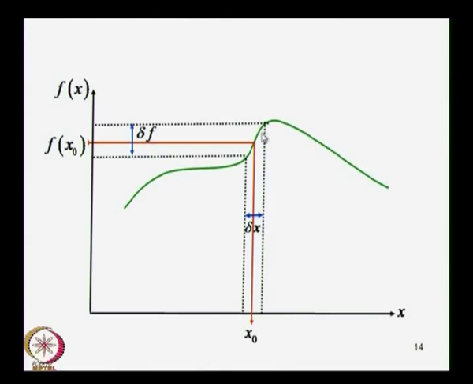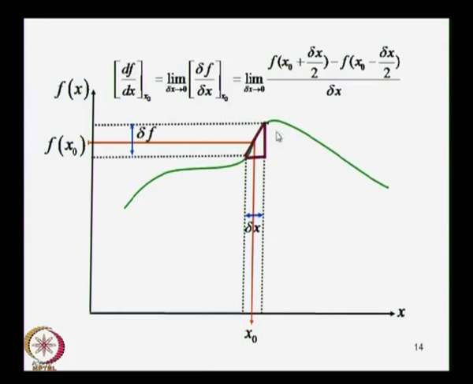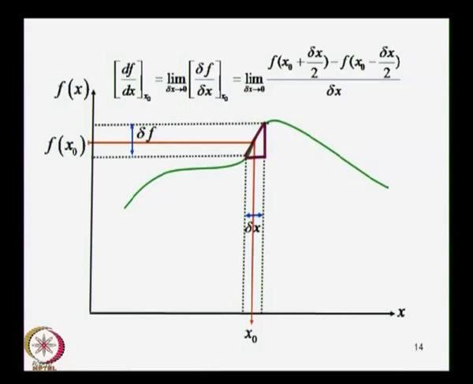So, obviously, you can construct a triangle over here, and if you take the ratio of this change divided by this, you get a measure of how rapidly the function is changing with respect to the independent variable. So, that is what the derivative of the function gives us, and we will be using this extensively in our discussion. You can play with this equation and then write an expression for this numerator over here, which is the change in the value of the function at two neighboring points which are fairly close to each other.